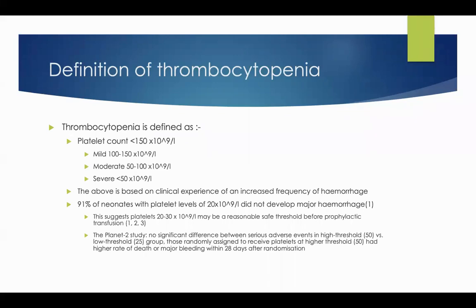And these have historically been based on clinical experience of an increased frequency of bleeding, and previous research has shown that babies, even with platelet count levels of 20, have not developed any major hemorrhage, and these have formed the basis of some of the current research trials, including the PLANET studies.